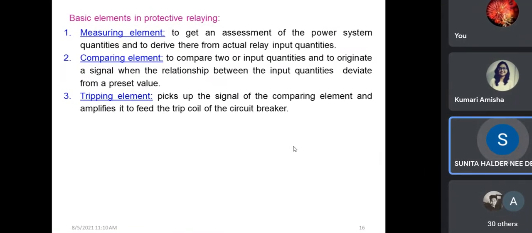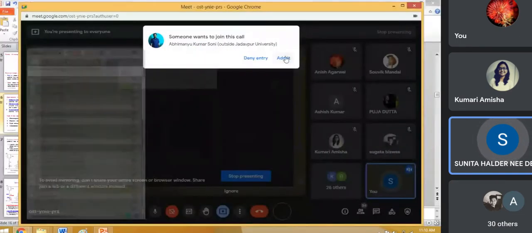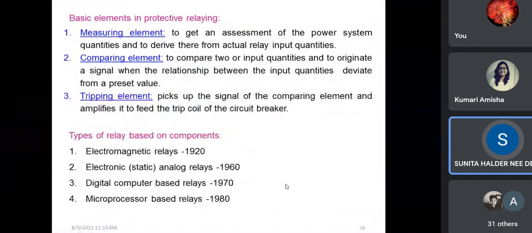But in case of a microprocessor based relay or computer based relay, it may close some other contact, which in sequence will give the signal to the circuit breaker. So this is applicable both for conventional or electromagnetic relays as well as for advanced relays, that means digital relay or microprocessor based relay.